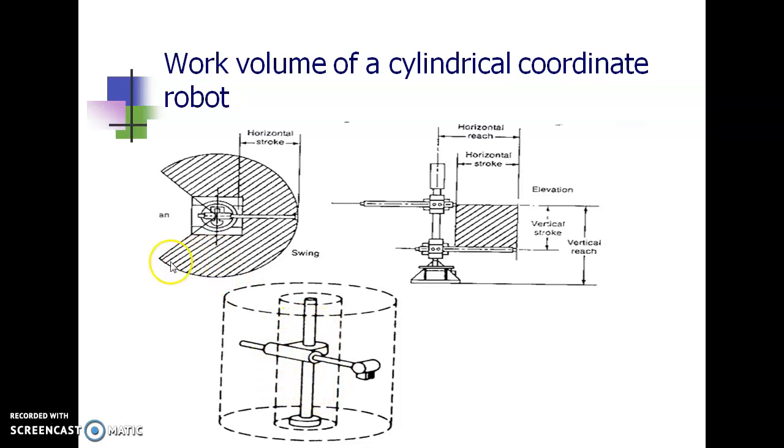This is the maximum swing, nearly about 270 degrees. So these three put together form a cylindrical coordinate robot. It's not exactly a cylinder, a three-quarter cylinder we can say. That is the work volume of the cylindrical coordinate robot.